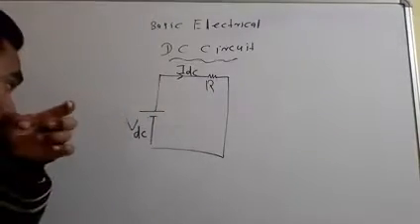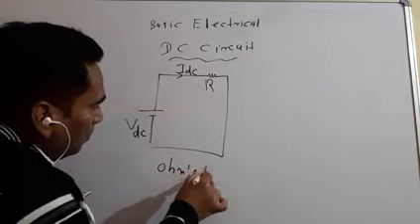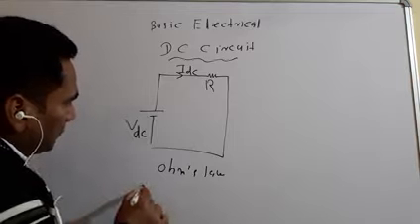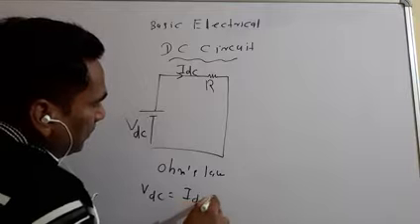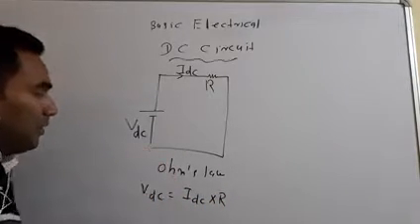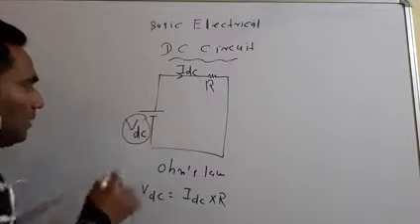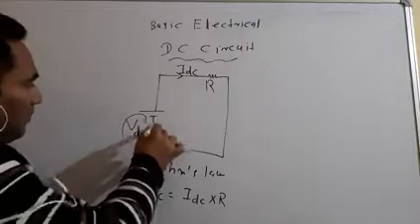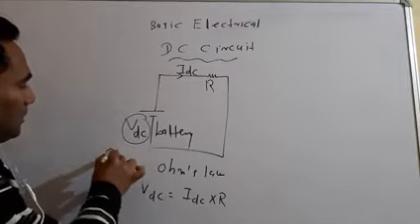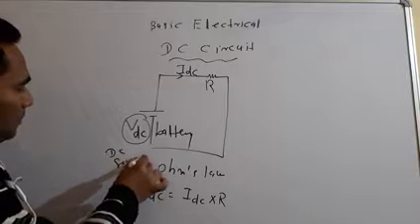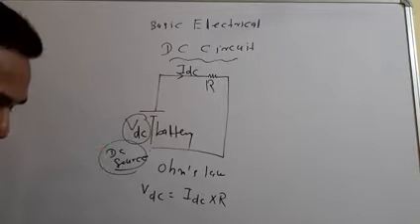Okay, then from Ohm's law we can write V_DC is equal to I_DC into R. This is the example of a DC circuit. Here the source is what? Any battery or DC source. That's why I am calling this a DC circuit.